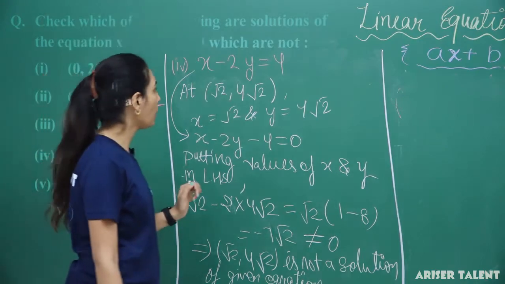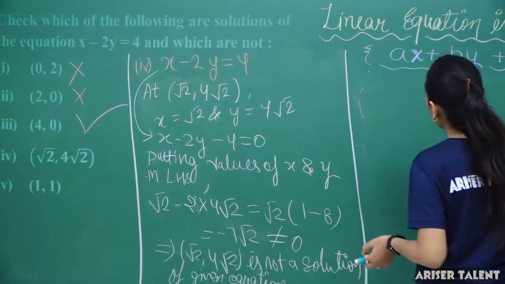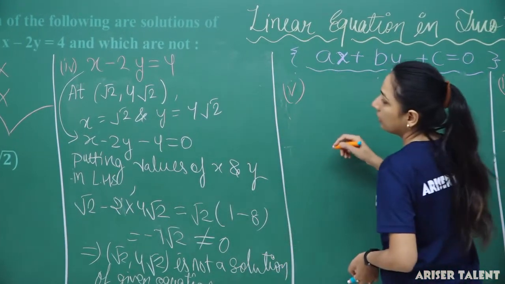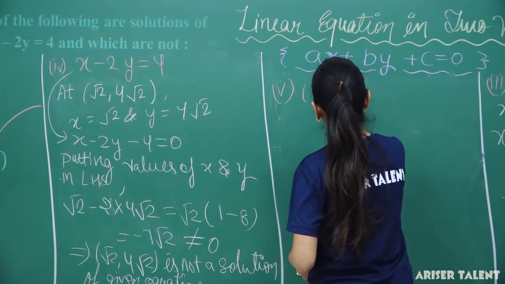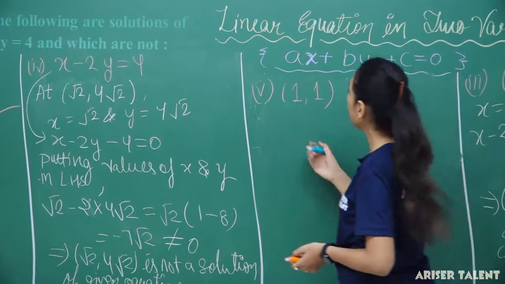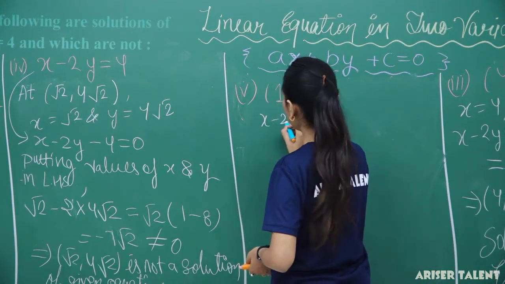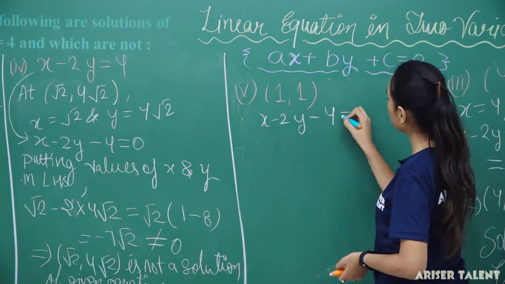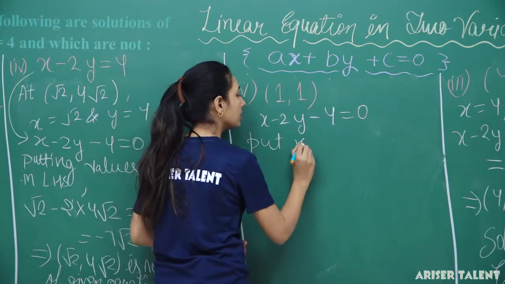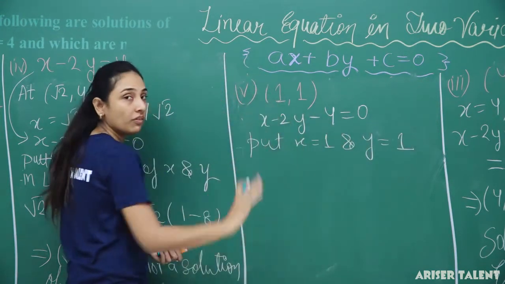Okay. Now this fifth one, 1 comma 1. Look at it, the values are given. The given equation is x minus 2y minus 4 equals 0. Again put x equals 1 and y equals 1, because 1 comma 1 is given to you.